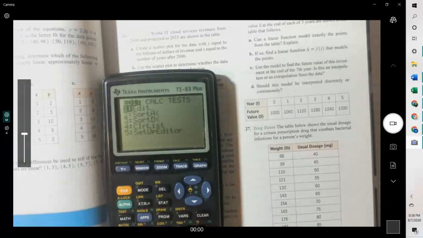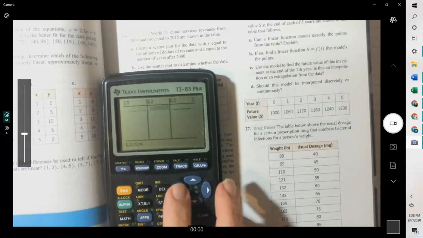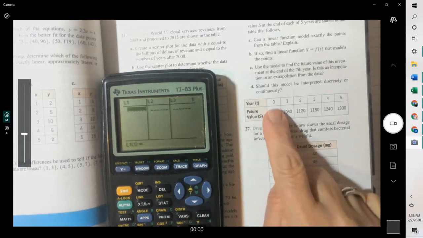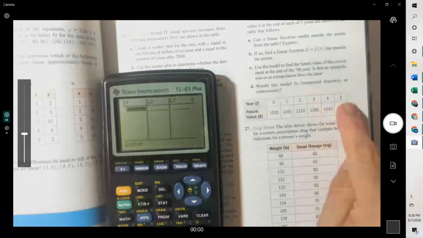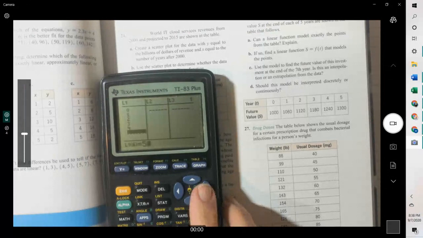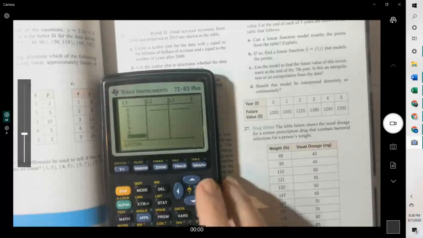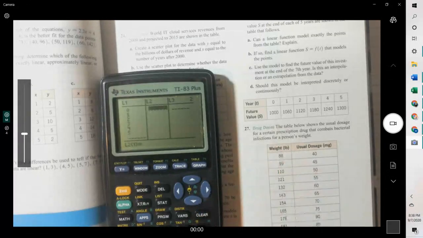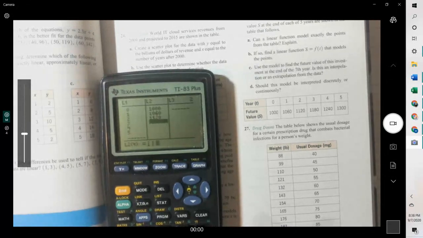Then we go Stat and Edit, and then we're going to plug the x values in: 0, 1, 2, 3, 4, 5. Then the y values: 1,000, 1,060, 1,120, 1,180, 1,240, and 1,300.